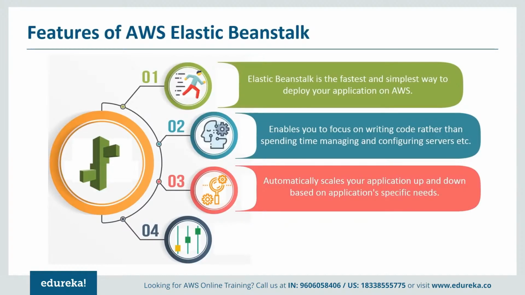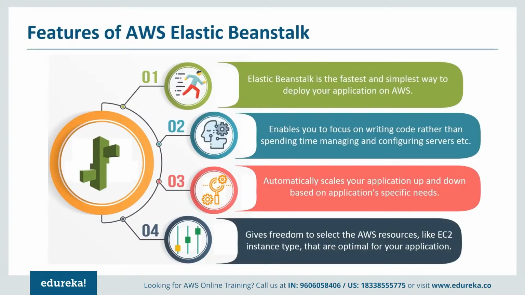But there is one feature which is specific to Elastic Beanstalk. Suppose you have deployed an application using Elastic Beanstalk, but now you want to make changes to the configurations which have already been assigned to your application by Elastic Beanstalk. Though Beanstalk is a platform as a service, it provides you with an option where you can change the pre-assigned configurations like you do in infrastructure as a service.